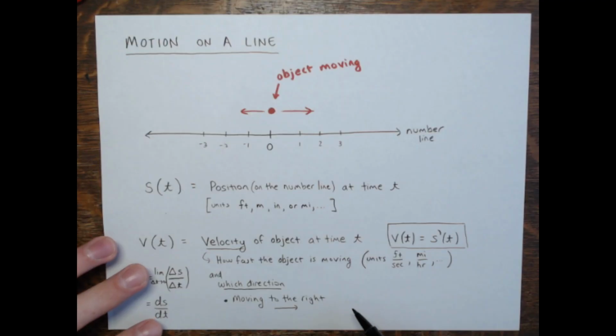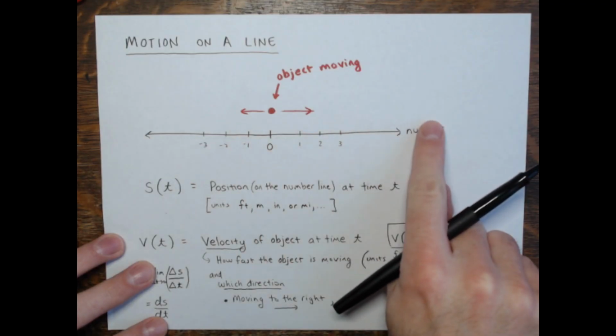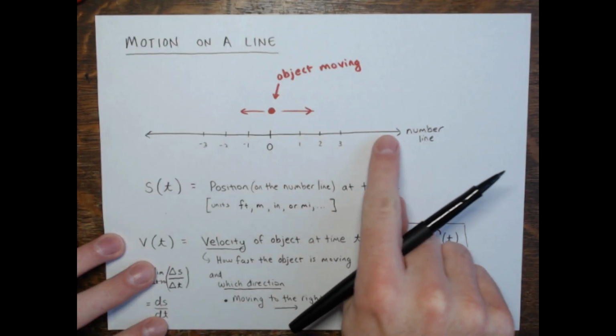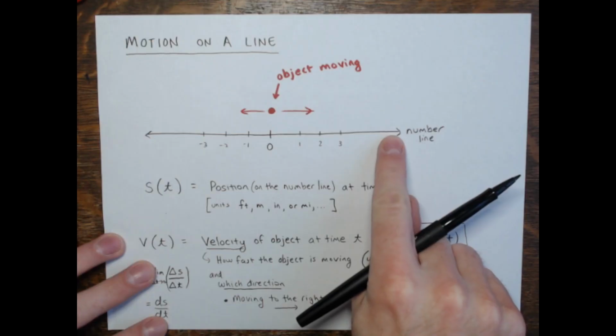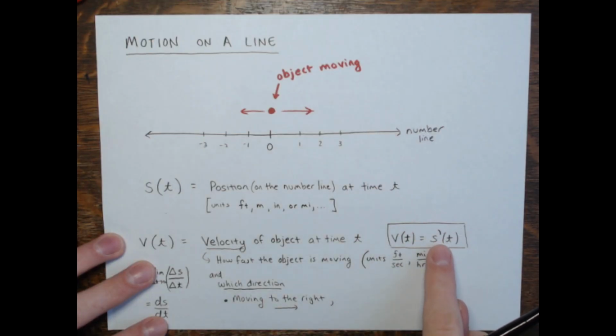So when this object's moving to the right, the position value, the s value, is increasing, meaning that s prime, or the velocity, must be positive. So velocity greater than 0 means the object is moving to the right at that time.